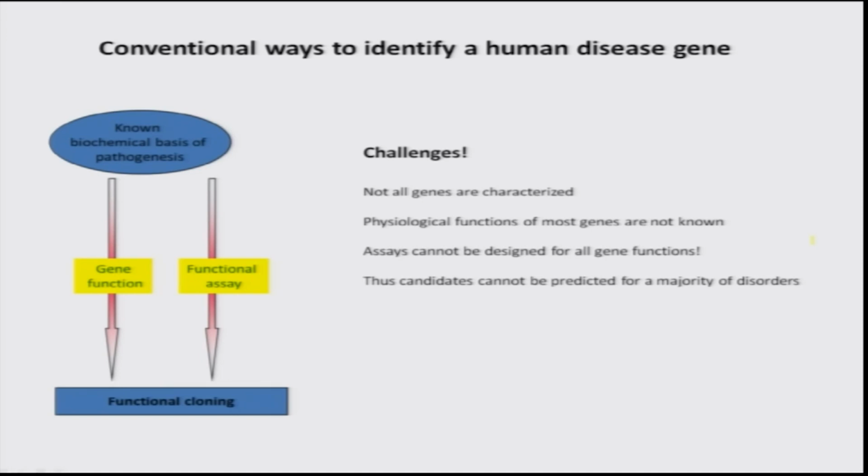A protein could have multiple different functions, and how are you going to come up with all sorts of assays? For example, you are talking about mental retardation as a condition, wherein your intellectual ability is not that good, your IQ is low. So what kind of assays will you do to understand how the gene defect affected your intellectual abilities?